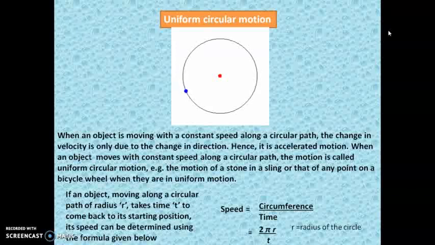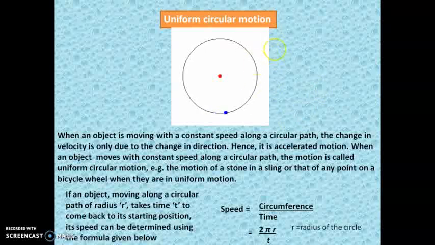If an object is moving along a circular path of radius r, and takes time t to come back to its starting point, so this is the circle of radius r and one full circular motion takes time t. Its speed can be determined using the formula speed is equal to circumference upon time.